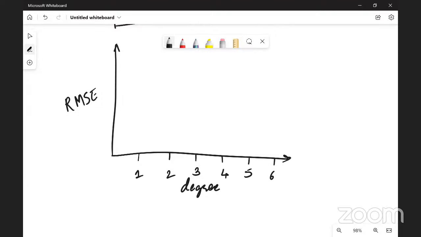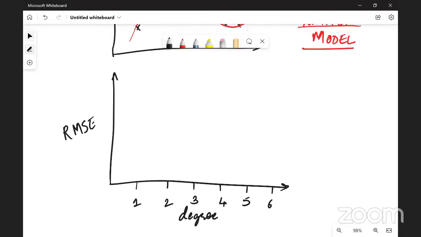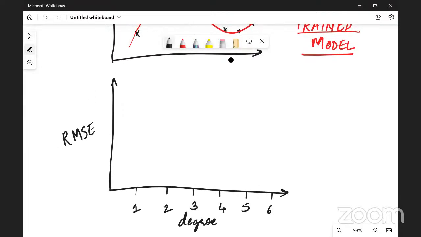Now, the training loss or training RMSE will definitely decrease with increasing the number of degrees. So it would look something, let's say, like this. Then here it is going even lower, lower, lower.